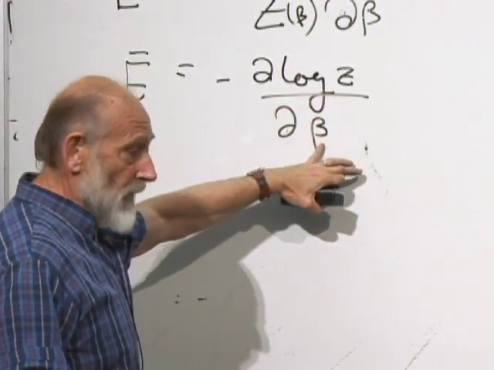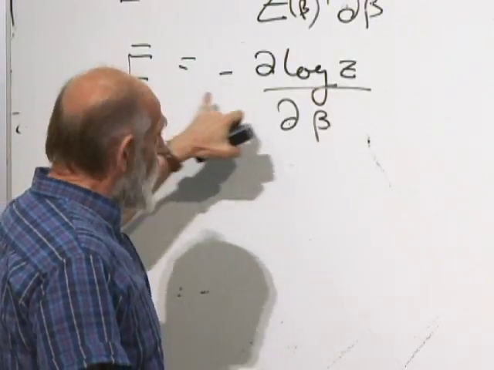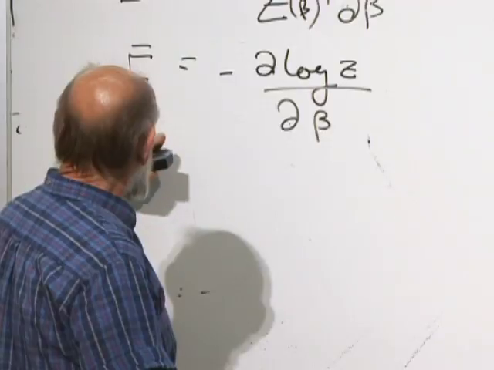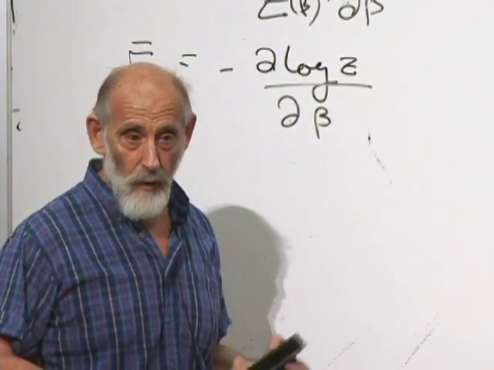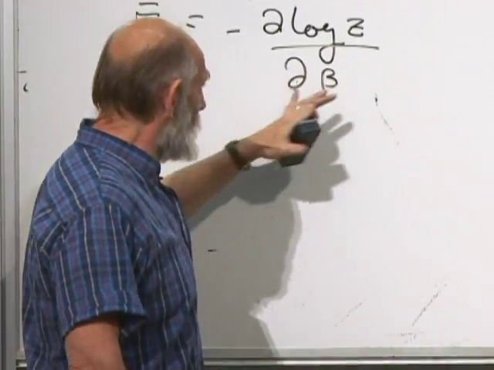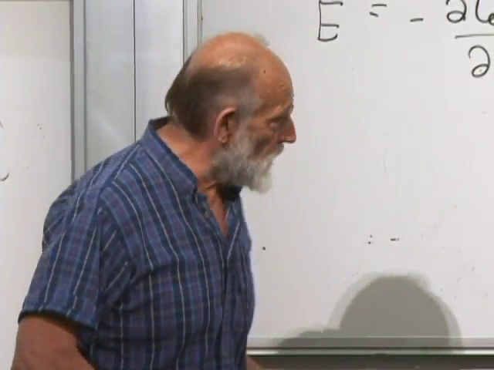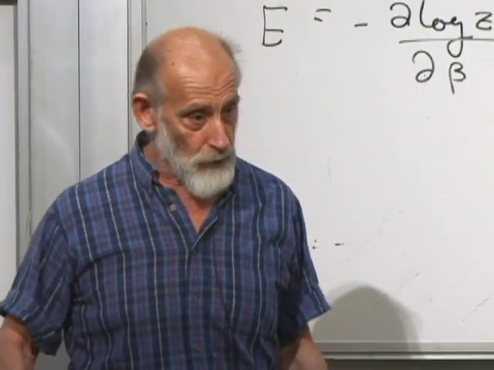It's a function of beta, and a function of beta is equal to the energy. We can invert that, and we can find out what beta is as a function of the energy. Beta is the Lagrange multiplier, but it is also the inverse temperature.